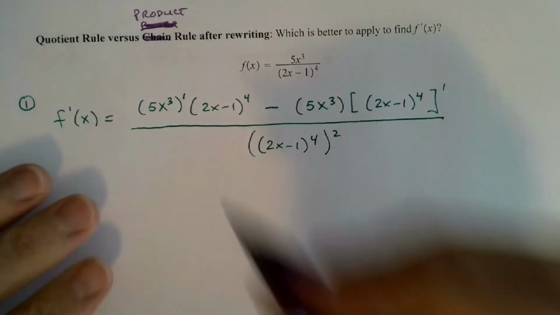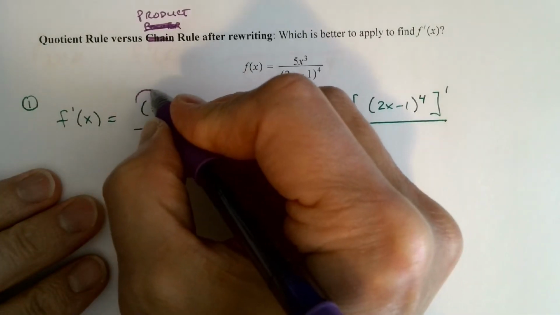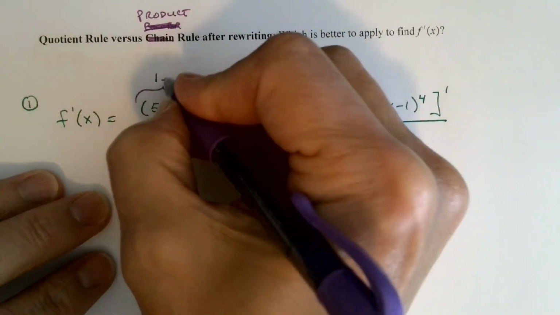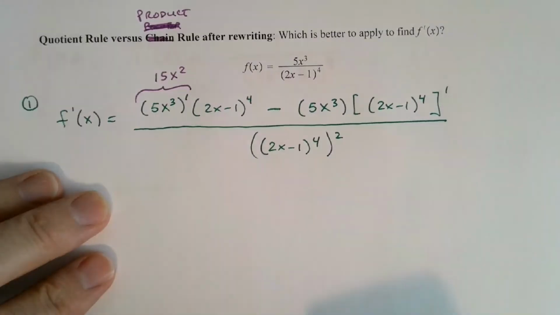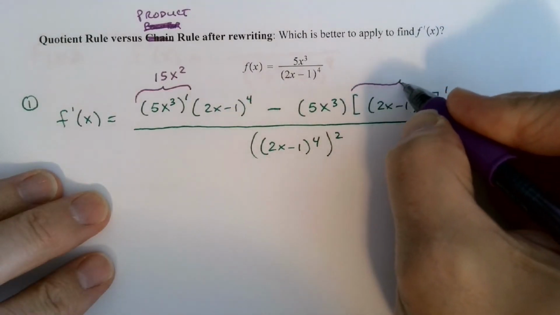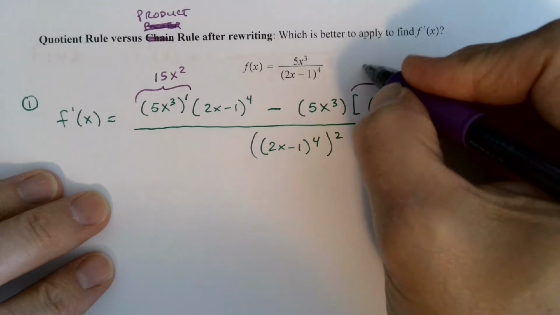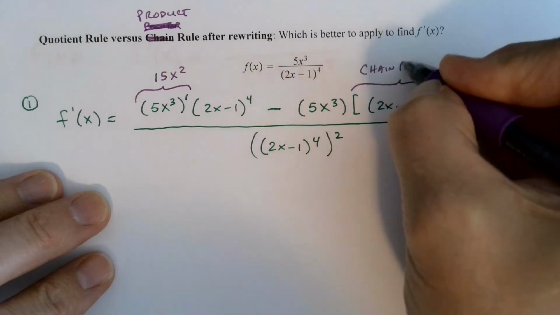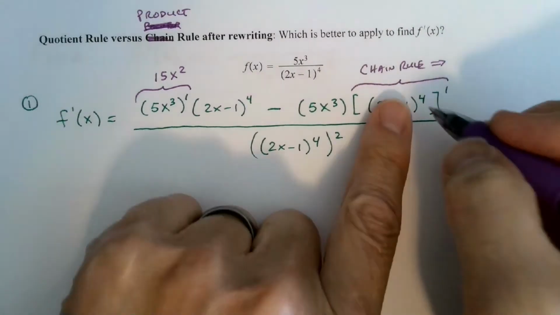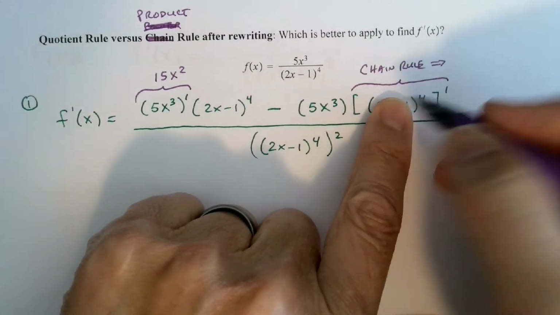Now, we can take the derivative of this fairly easily. 5x cubed, the derivative is what? Bring the 3 down, 15x squared. But over here, what do we have? This is going to be by the chain rule. It's u to the 4th, so this 4 comes down in front.